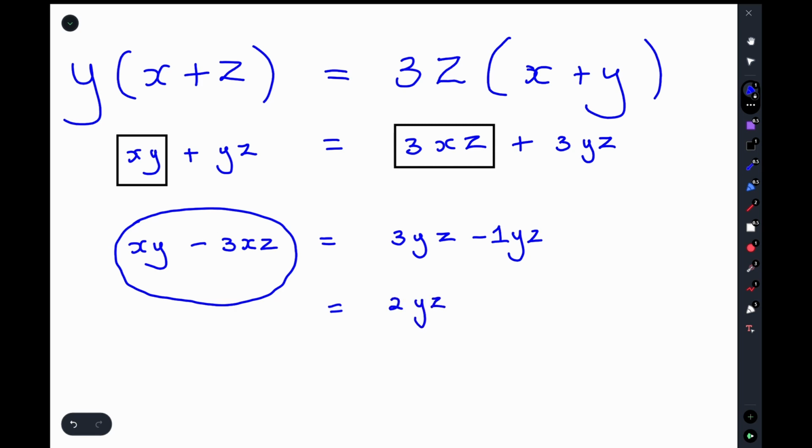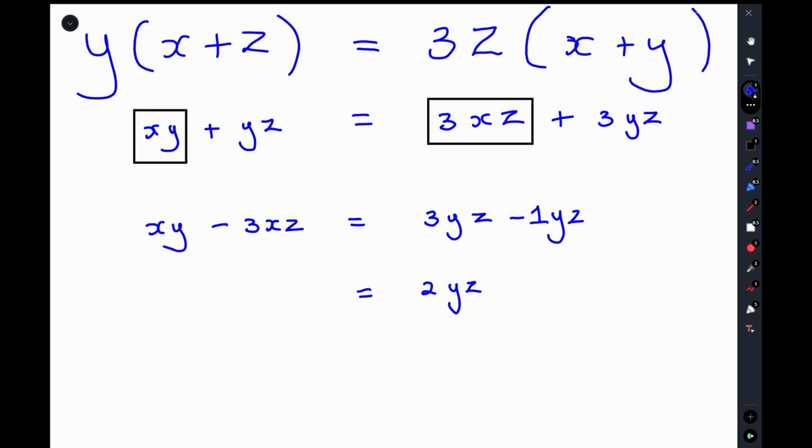And this is the importance of placing the terms in alphabetical order. Makes it easy to recognize situations where the equation can be simplified. Now on the left hand side, we want to factorize. So after factorizing, we will have x brackets y minus 3z, close brackets.